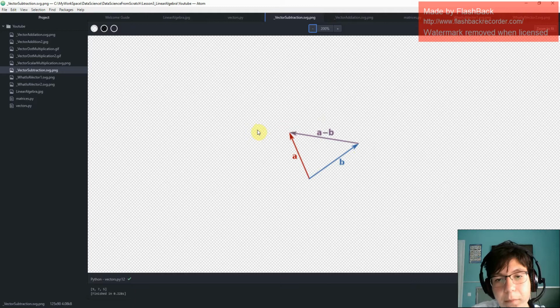So basically here, let's say that b is our first vector and a minus b is our second vector.